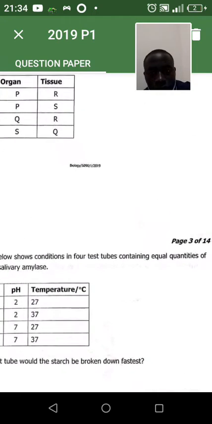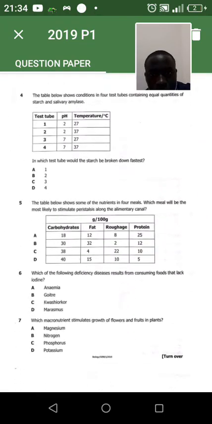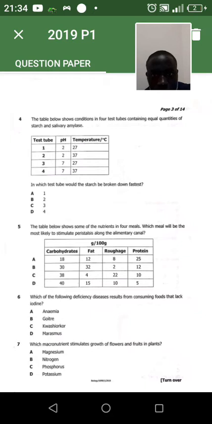So question 4. The table below shows conditions in 4 test tubes containing equal quantities of starch and salivary amylase. So test tubes 1, 2, 3, 4, with pH 2, 2, 7, 7 and temperatures 27, 37.